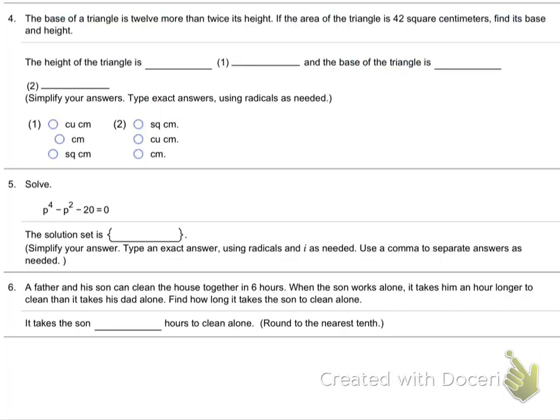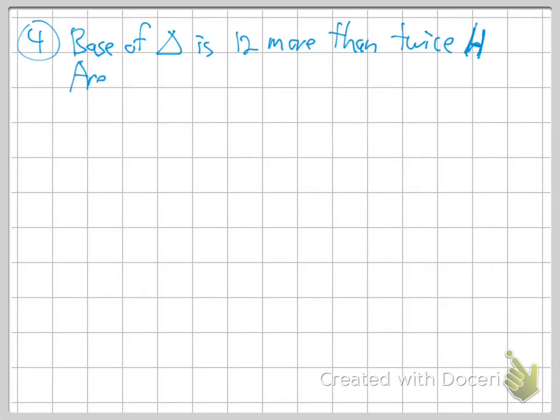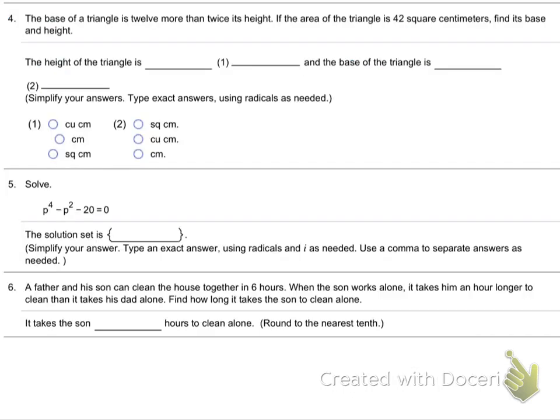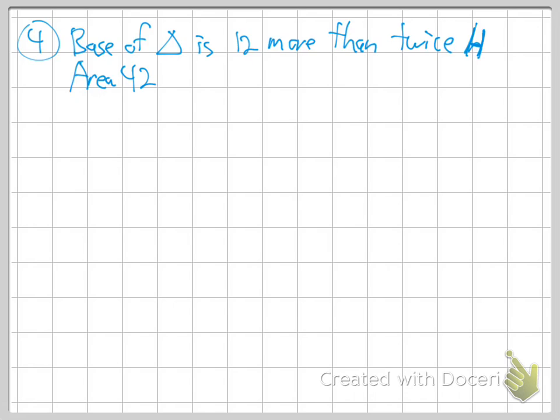Right? 12 more than twice its height. Area, 42. And they want the base and height? Yeah, they want the height and the base. All right. So let's try that. So the base of the triangle is 12 more than twice the height. Area is 42. Find the height and the base.